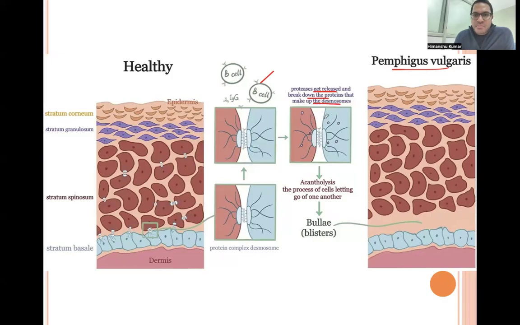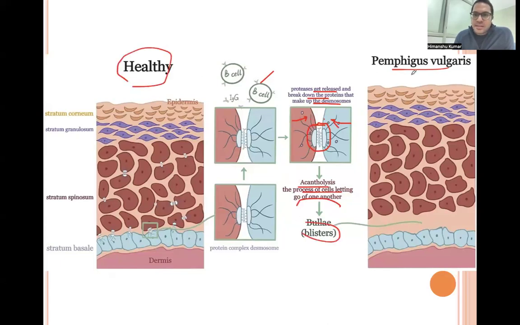So for example, these two on both sides are your keratinocytes. So this is our desmosome. Let's say this is your desmoglein DSG. Antibodies form, acantholysis happens. The cells let go of one another, forming the blisters.